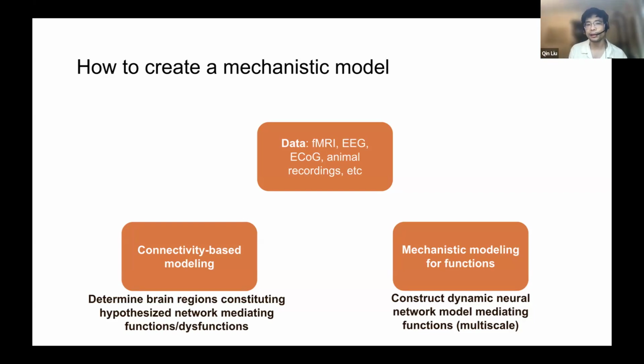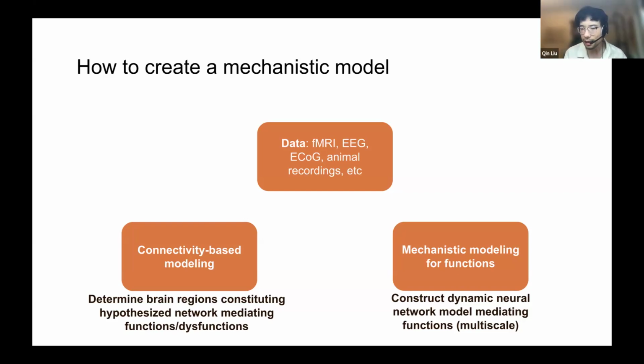So which brain region is the critical hub mediating the function, or which connectivity is crucial for mediating the brain function. And then we can create a mechanistic model to reproduce the phenomena of brain function.